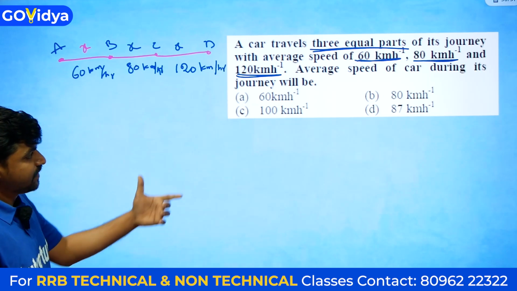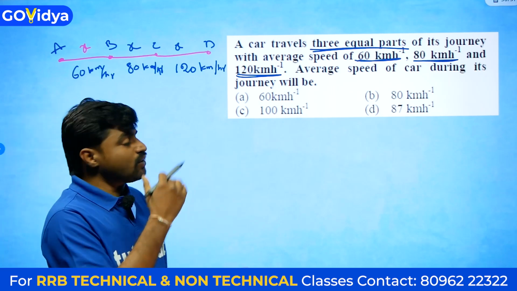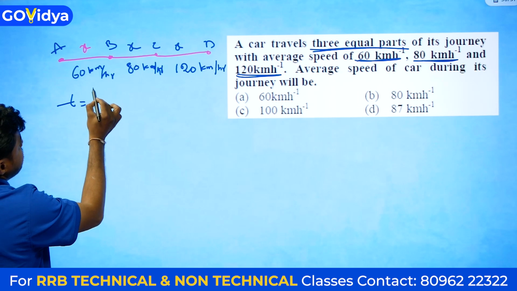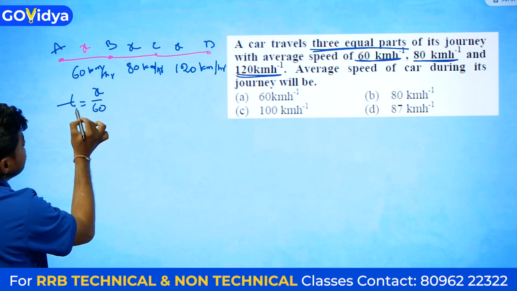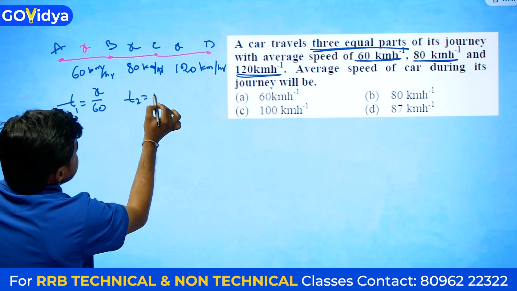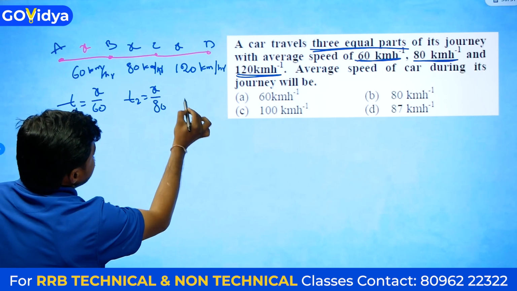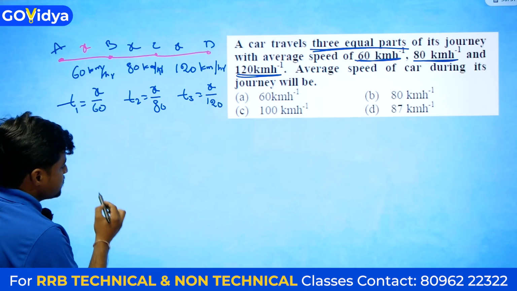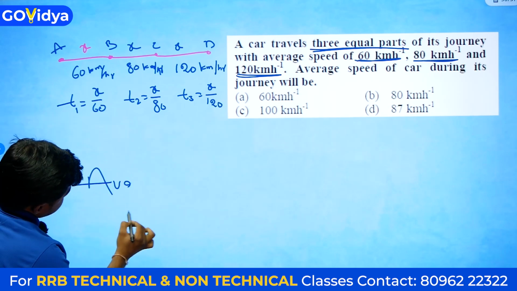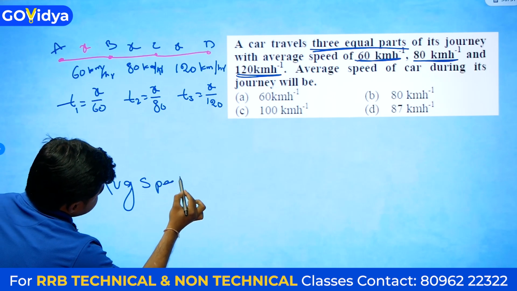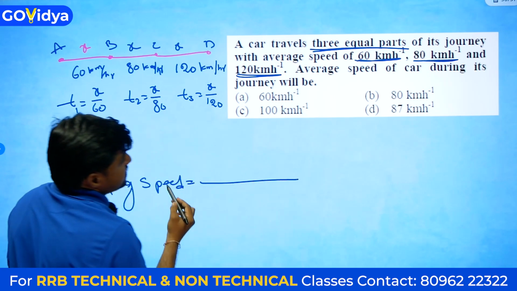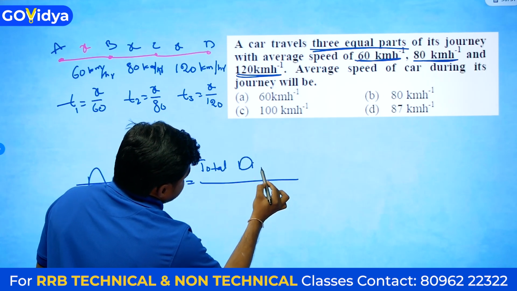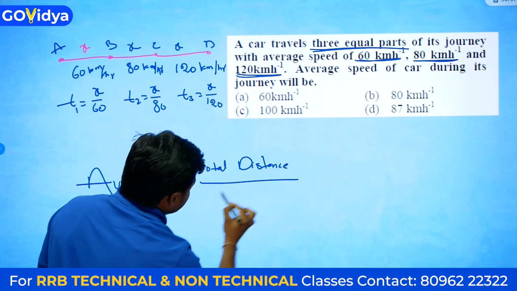Average speed is equal to total distance by total time. Here time is equal to distance by speed: t1 is x by 60, t2 is equal to x by 80, and t3 is equal to x by 120. We have to find the average speed. Average speed is equal to total distance by total time.